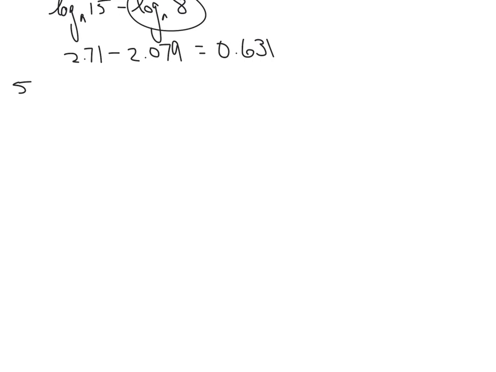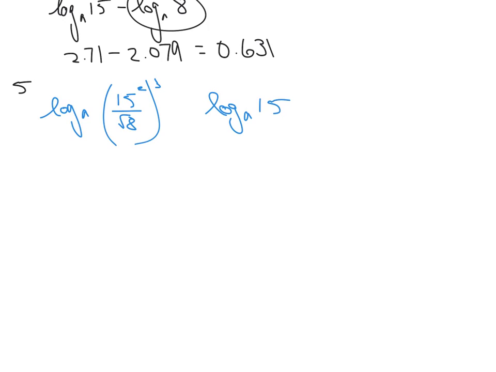stinking tricky here. So it wants us to find the log a of 15 squared over the square root of 8 cubed, if the log base a of 15 and log base a of 8 are the same as what we used in the a part above.